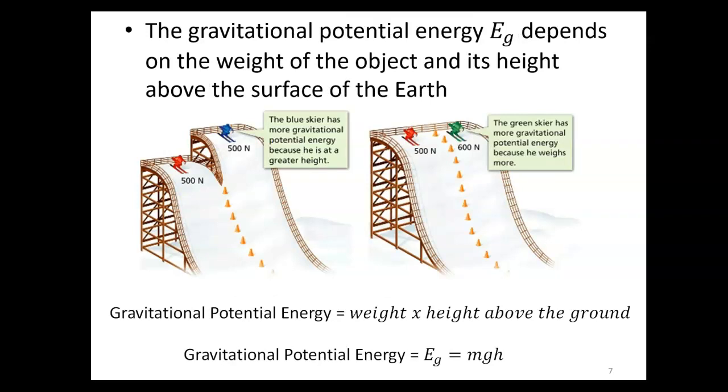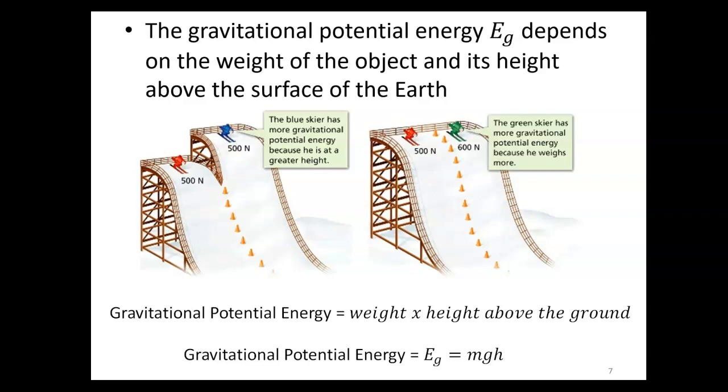So gravitational potential energy depends on both the weight of the object and its height above the surface of the Earth. The weight is the mass times g, mass times 9.8. And to calculate the gravitational energy, we take that mg, or weight, and multiply by the height. In these two pictures, on the left we have two skiers, the red skier and the blue skier.